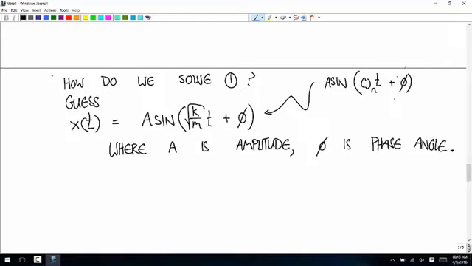So now that's the solution. We'll talk about how to get these constants in a second. Oh, no, we won't. We'll talk about it next time.